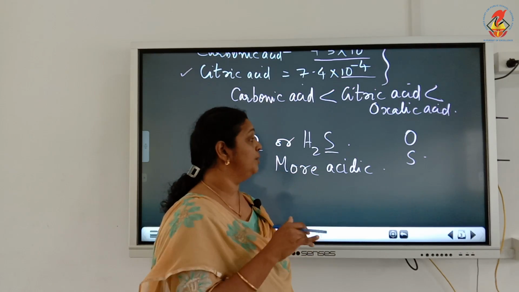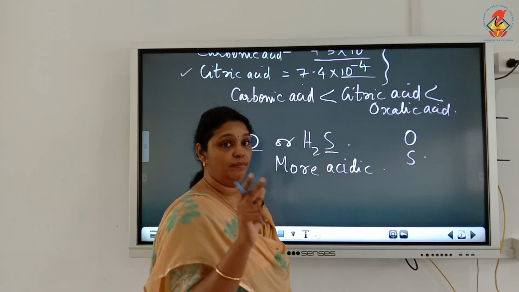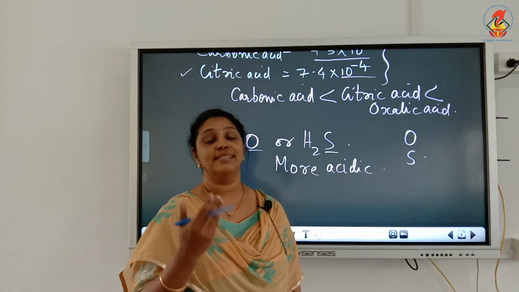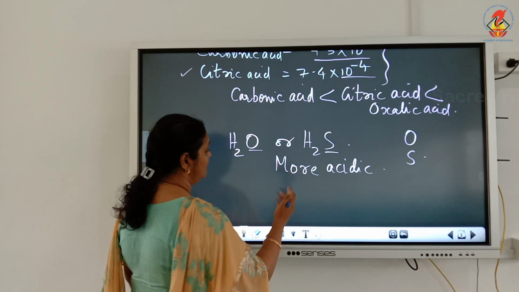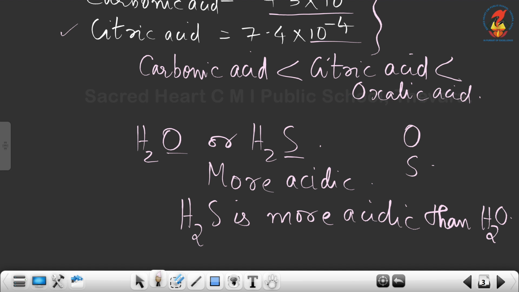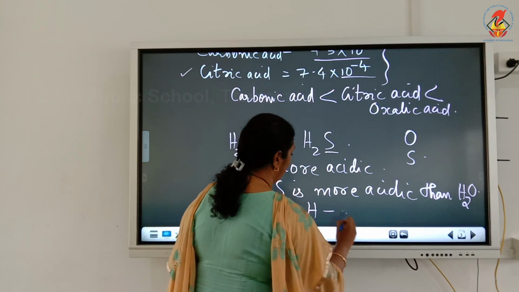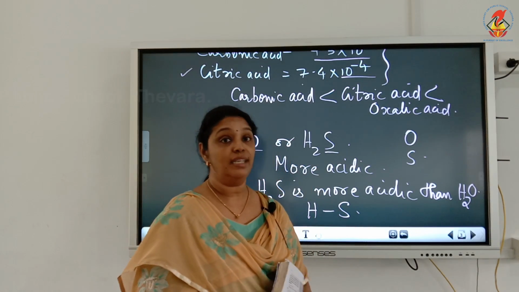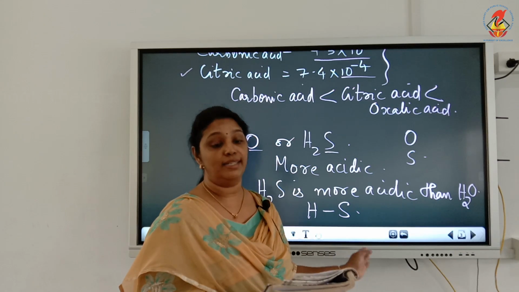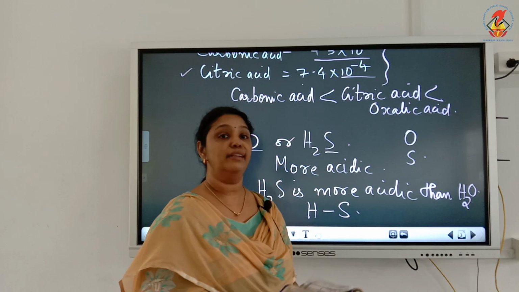Down the group size increases, so sulfur has more size, the HS bond strength decreases, and acidity increases. So H2S is more acidic than H2O because sulfur has more size than oxygen, the HS bond strength decreases, and it is very easy to lose that hydrogen as an H+ ion.